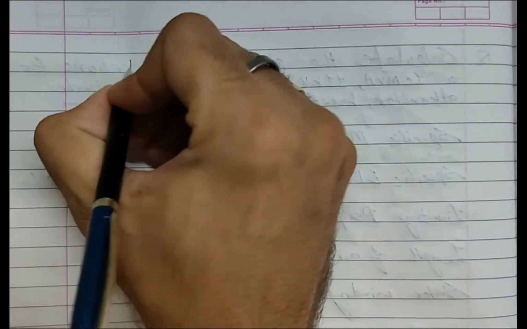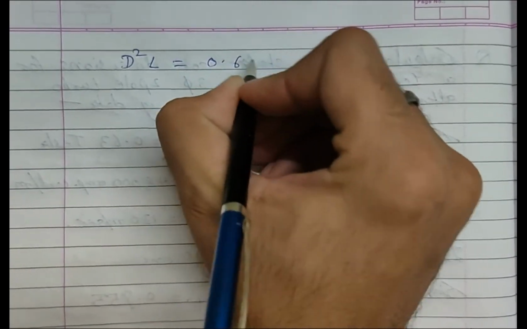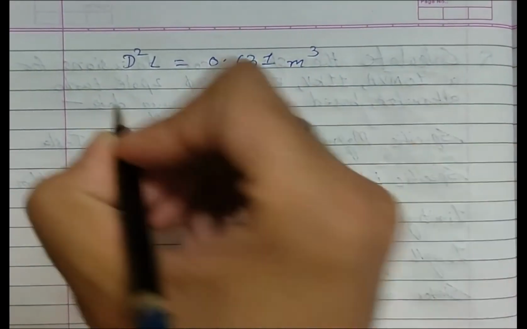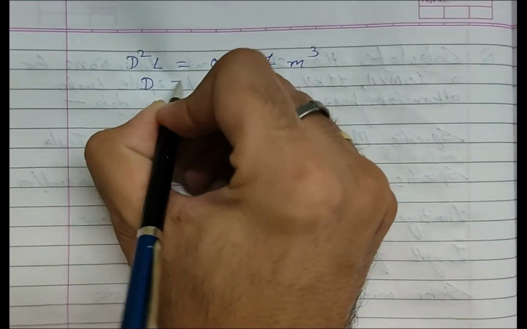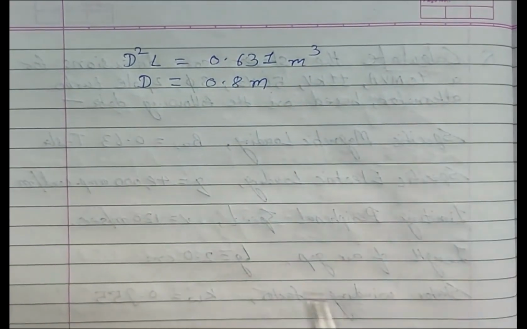So the value of D square L is equal to 0.631 meter cube. The value of capital D is equal to 0.8 meters.